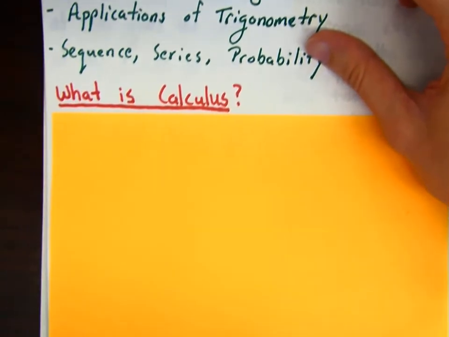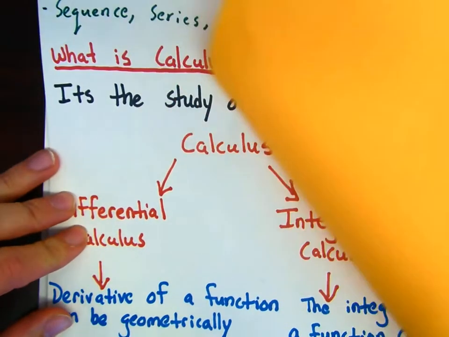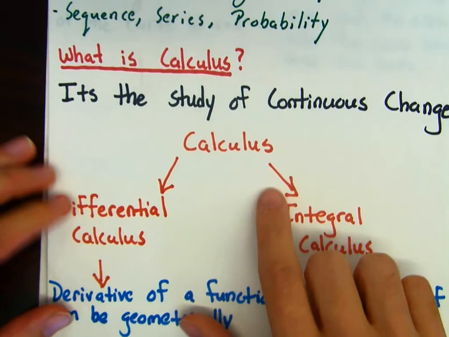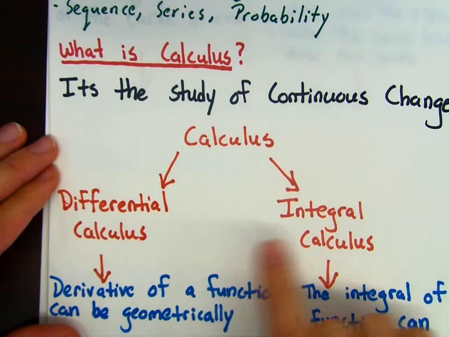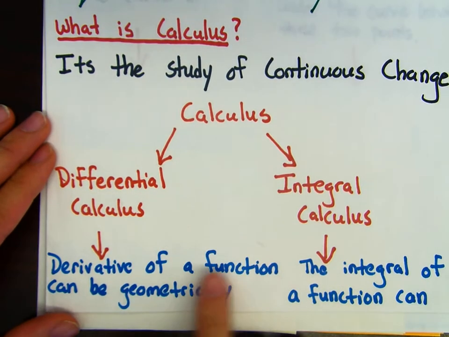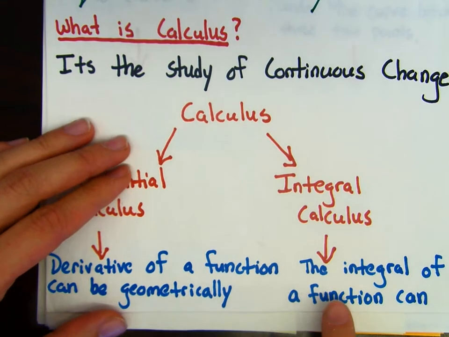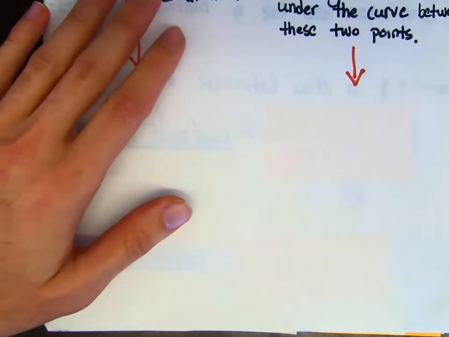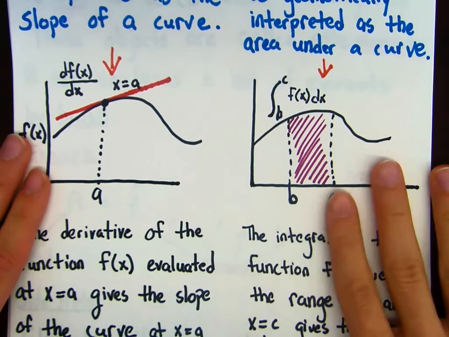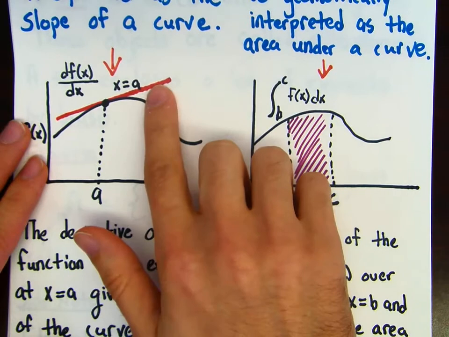All right. So now the big question is, what is calculus? So here, calculus can be broken into two main branches. You have differential calculus and integral calculus. So within differential calculus, the derivative of a function can be geometrically shown. I'll show you on the next page. Here, the two main ideas within calculus that we want to prepare for are derivatives and integrals.